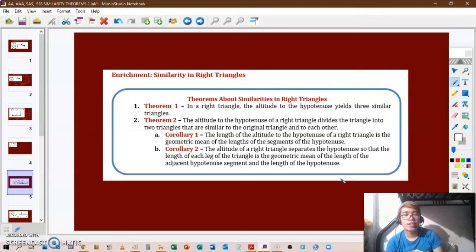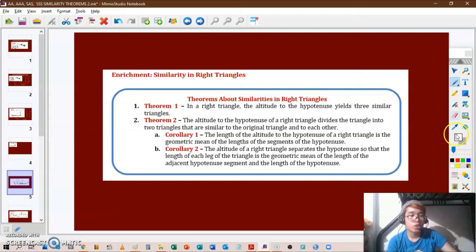The first one: the length of the altitude to the hypotenuse of a right triangle is the geometric mean of the lengths of the segments of the hypotenuse. And the altitude of a right triangle separates the hypotenuse so that the length of each leg of the triangle is the geometric mean.